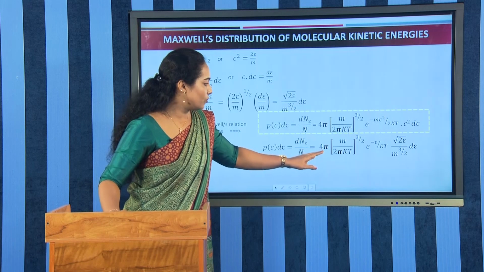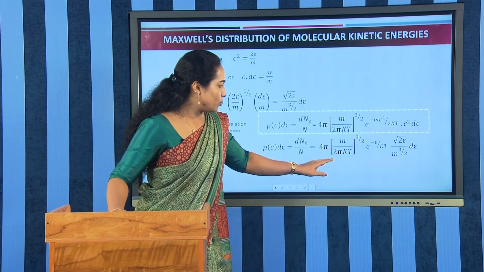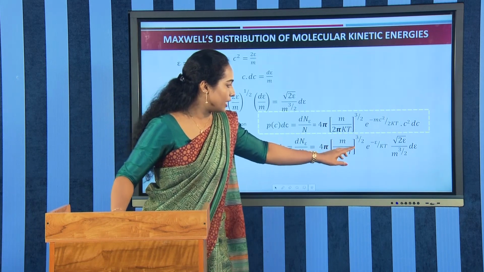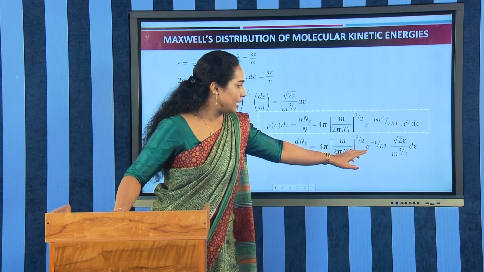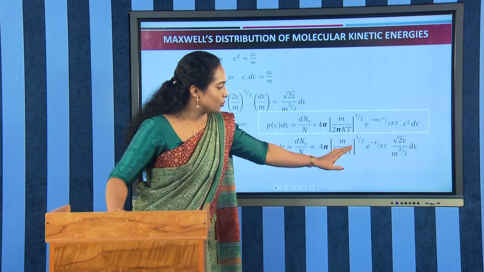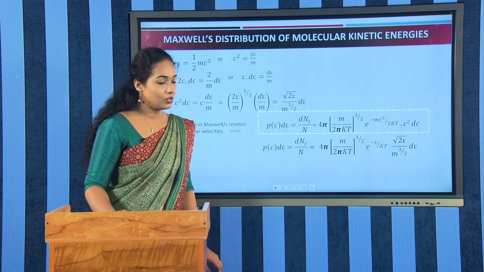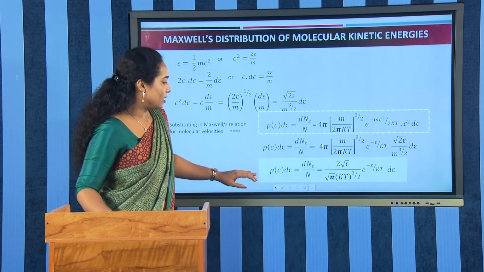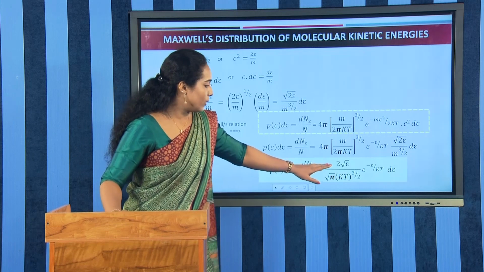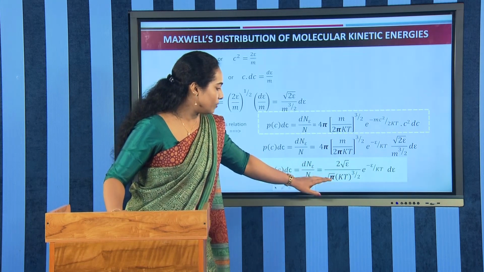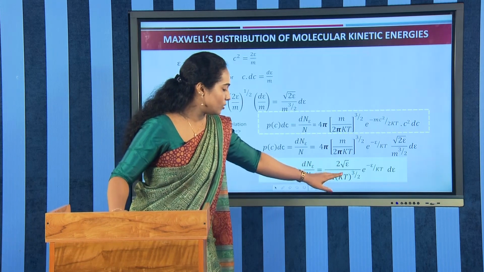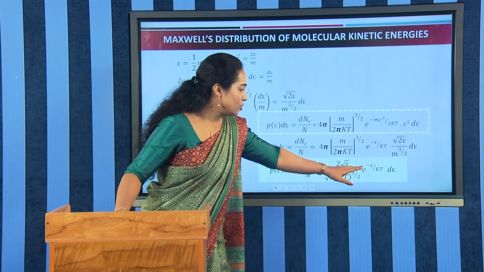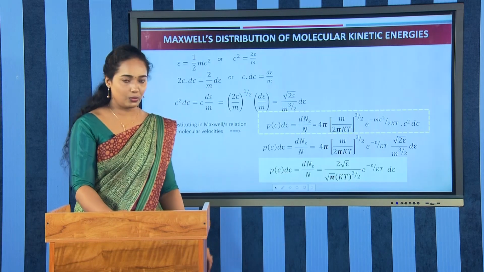That is equal to 4 pi m divided by 2 pi kT raised to the power 3 by 2, times e raised to minus E by kT, times root 2E by m raised to 3 by 2 dE. Finally, we can rearrange and write it as 2 root E divided by root pi kT raised to the power 3 by 2, times e raised to minus E by kT dE.